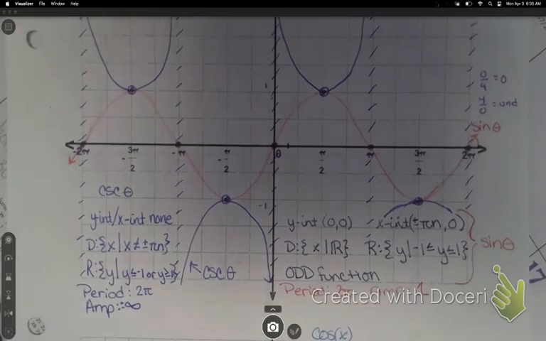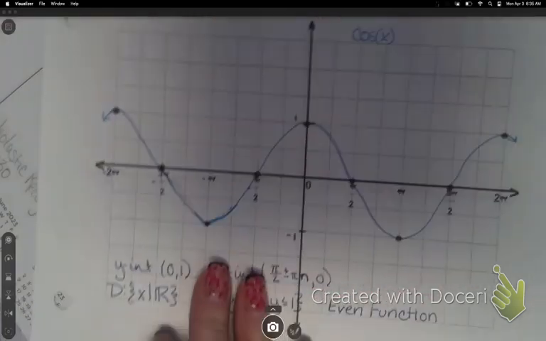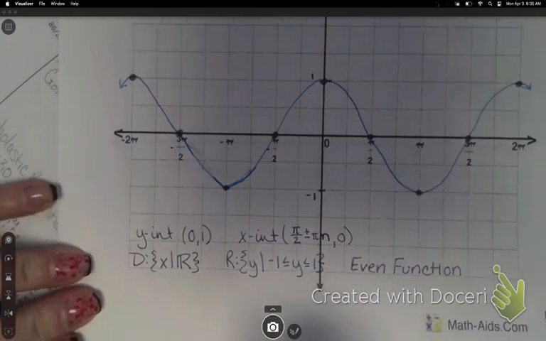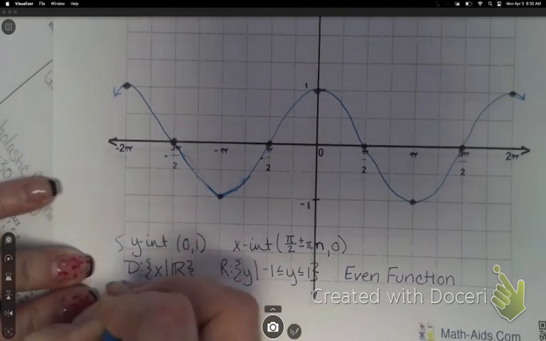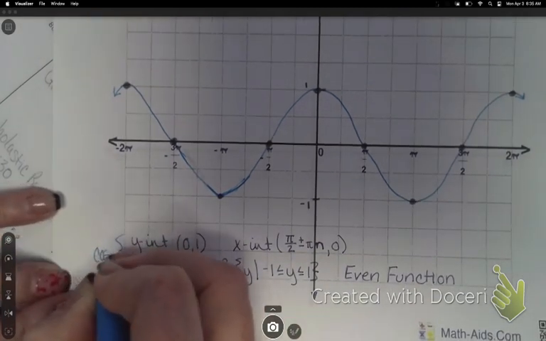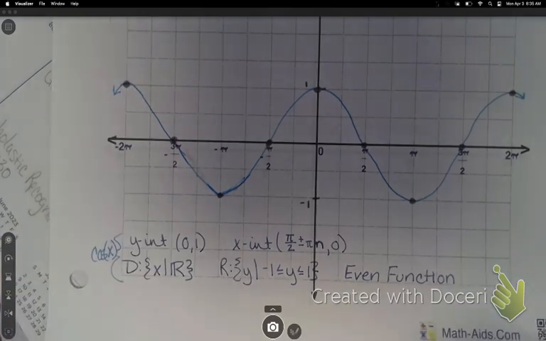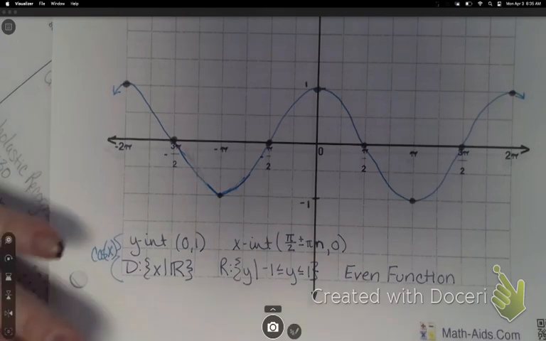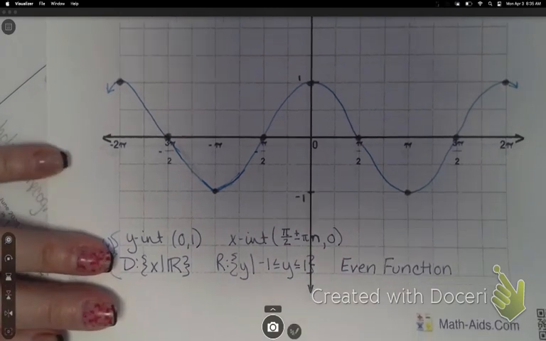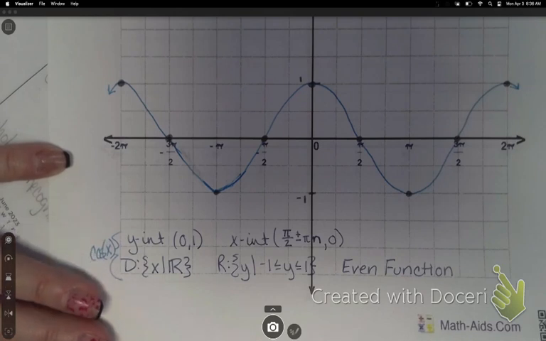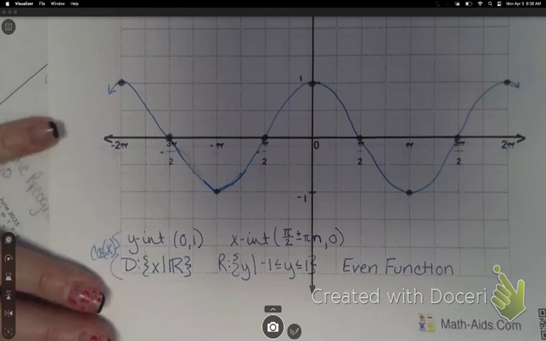Okay, so there's sine and cosecant. This was all cosine information that we've written, right? Okay, so the same thing is going to happen. Every 0 is going to become a what? Asymptote.